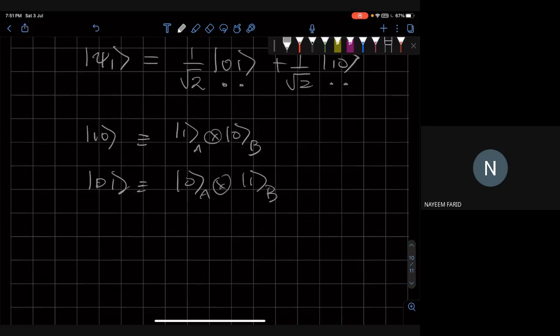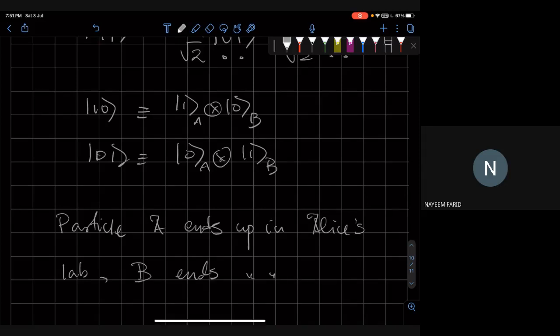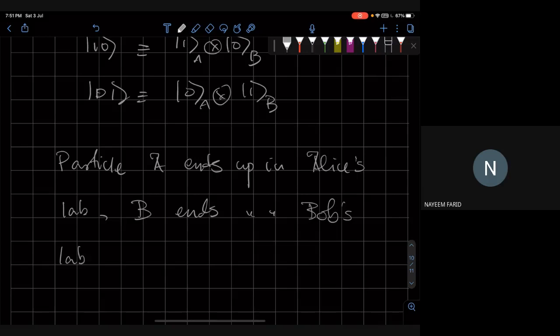Okay, now consider these two particles to be in such an entangled state, and suppose that the first particle A ends up in Alice's lab. And the B particle ends up in Bob's lab. Okay. Or it can be Aisha and Bilal. But they're still in an entangled state, these two particles together.